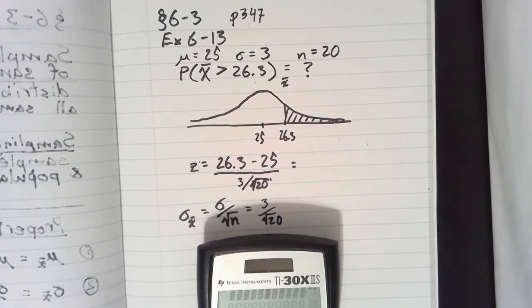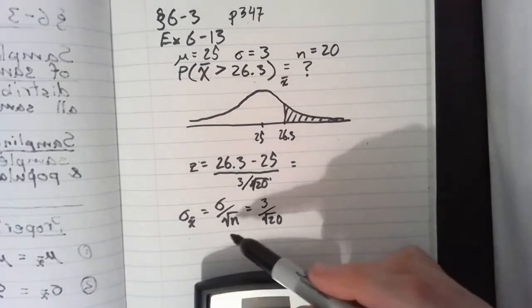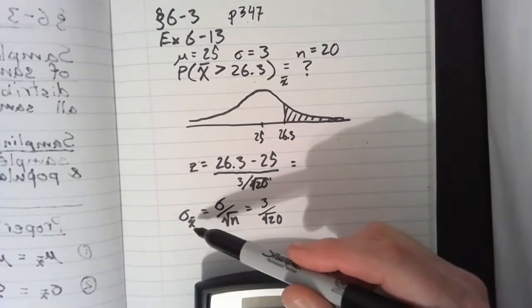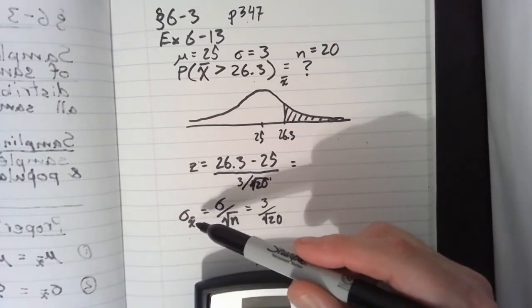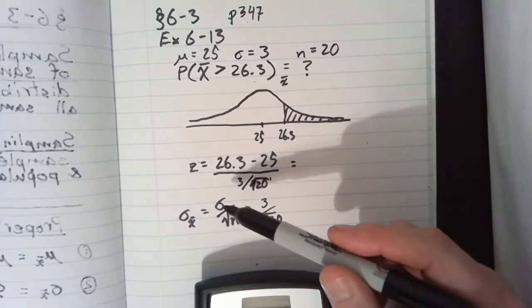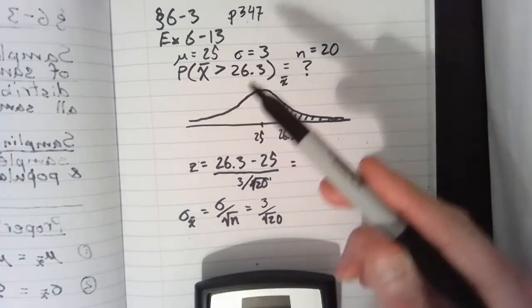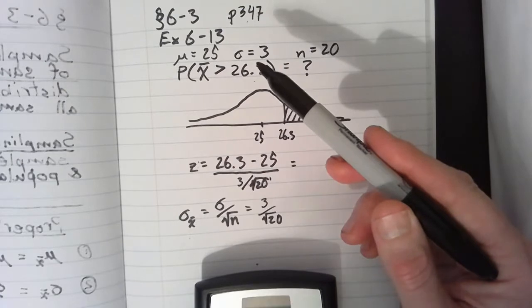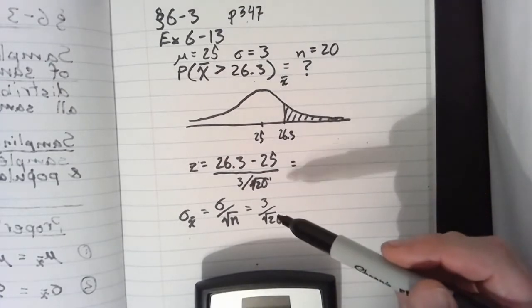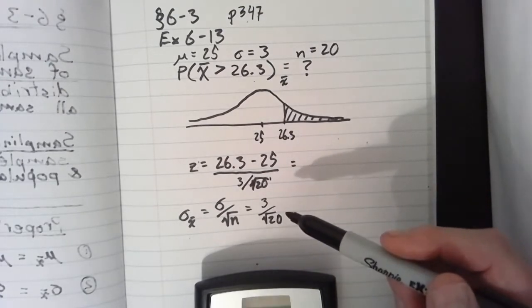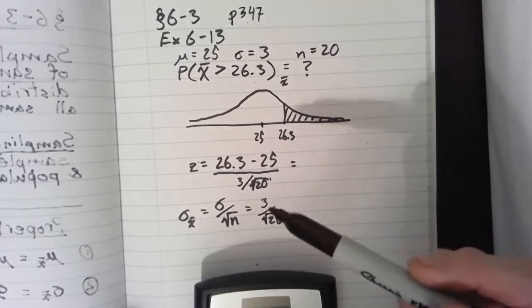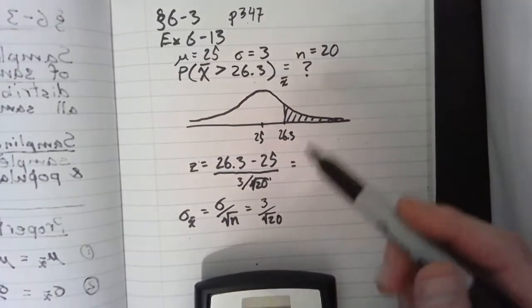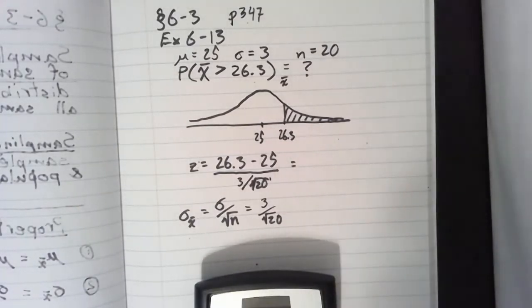So what we have to remind ourselves is that the standard deviation for this distribution is related to the standard deviation for the original distribution, but it is divided by the square root of the sample size because we're not in the distribution of itself, we're in the distribution of sampling means.